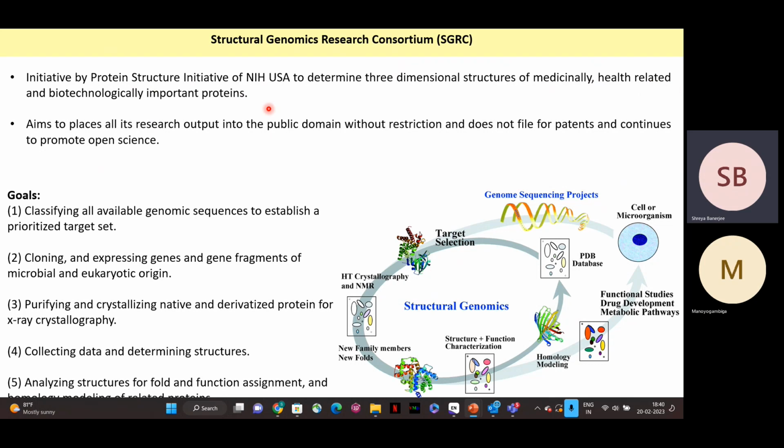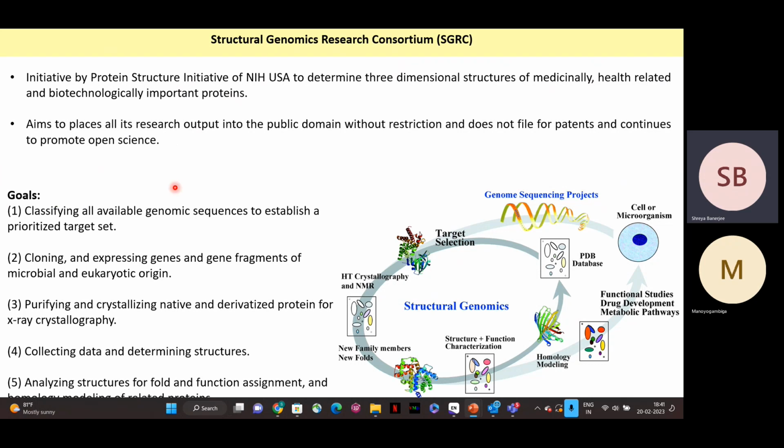This is basically like the Human Genome Project, but while the Human Genome Project was to determine the structures and conformations of the human genetic makeup, this is to find that for the biologically important proteins. This aims to place all its research output into the public domain without restriction and does not file for patents and continues to promote open science. So this is a publicly available platform and there are no restrictions to it.